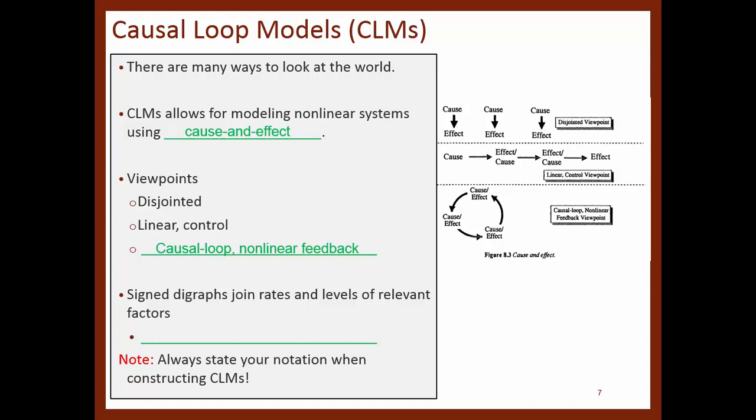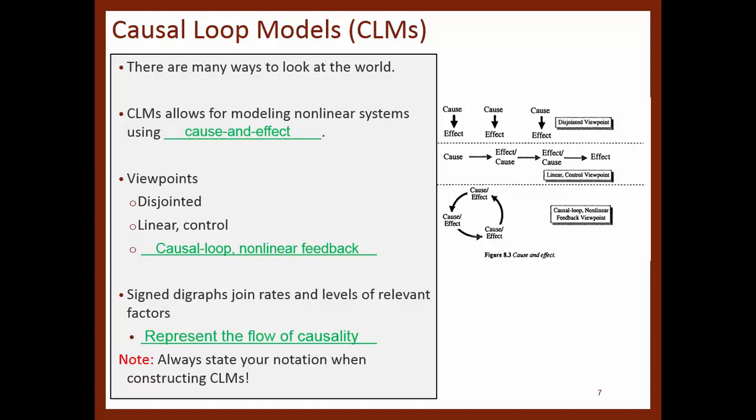Sign diagrams showing rates and levels of prevalent factors represent the flow of the causality. Always state your notation when constructing Causal-Loop models. What that means is, as you're building these diagrams, I need to understand what the arrows mean for you as the modeler.